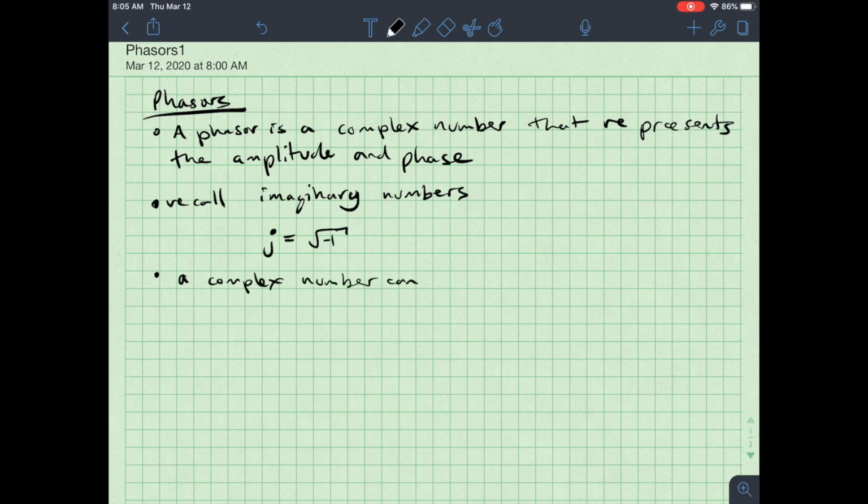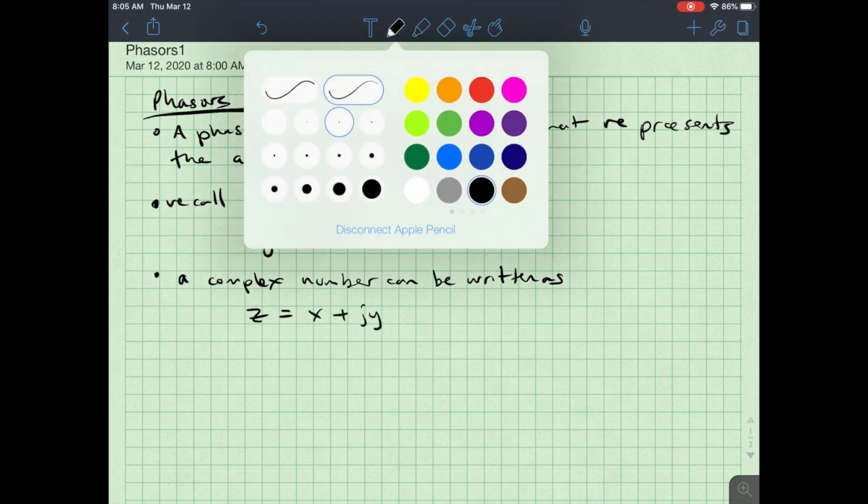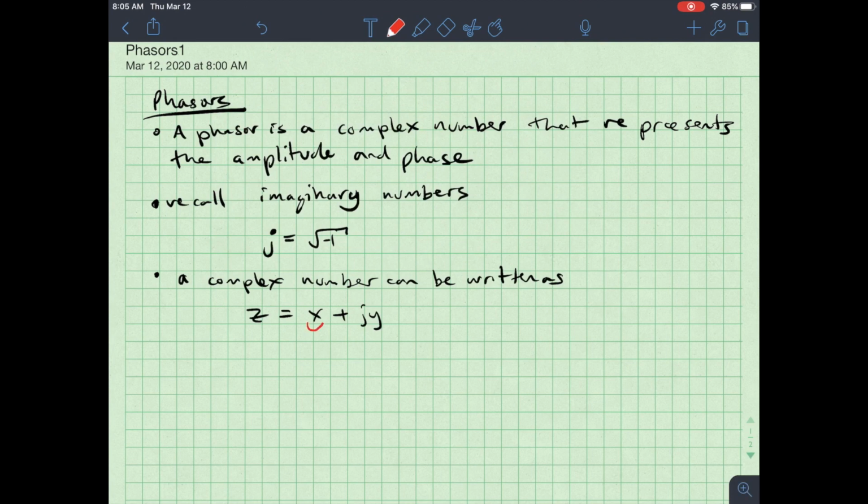So a complex number can be written as Z, let's call that my complex number, which is X plus JY, where X is the real part and Y is the imaginary part.